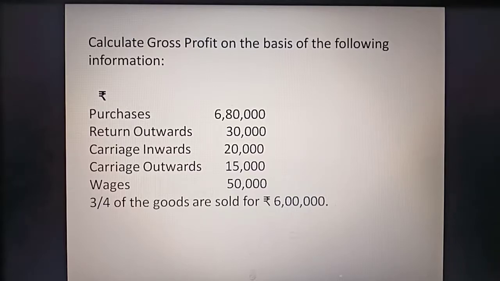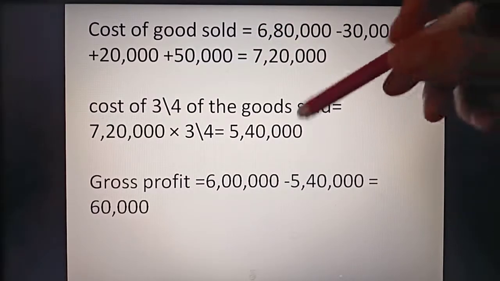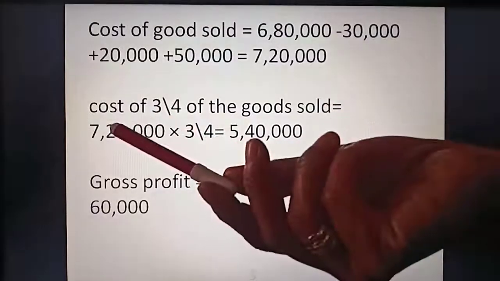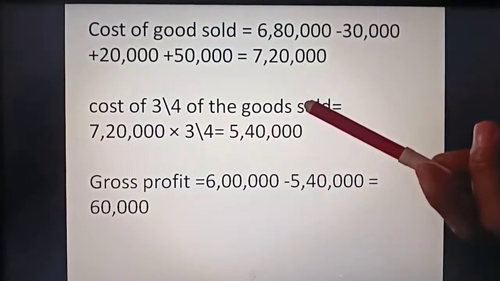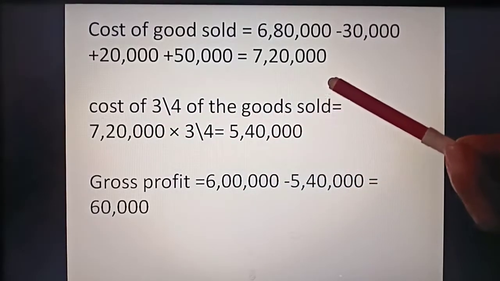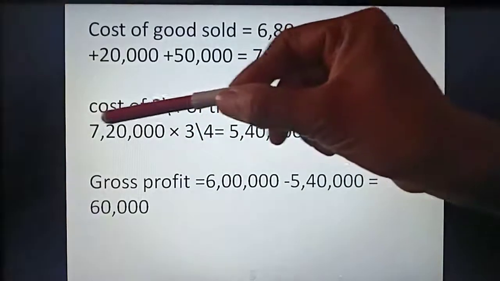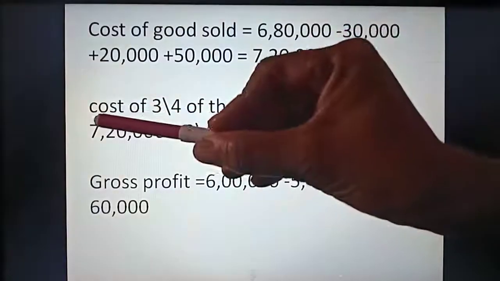Cost of goods sold is equal to 6,80,000 purchase minus purchase return plus carriage in plus wages. Then cost of goods sold will be 7,20,000. Now a statement is given in the question: 3/4 of the goods are sold. We have to find out the cost of 3/4 of the goods sold. Sale value is given in the question, but you have to take the cost here, not the sale value, because you are calculating the cost.